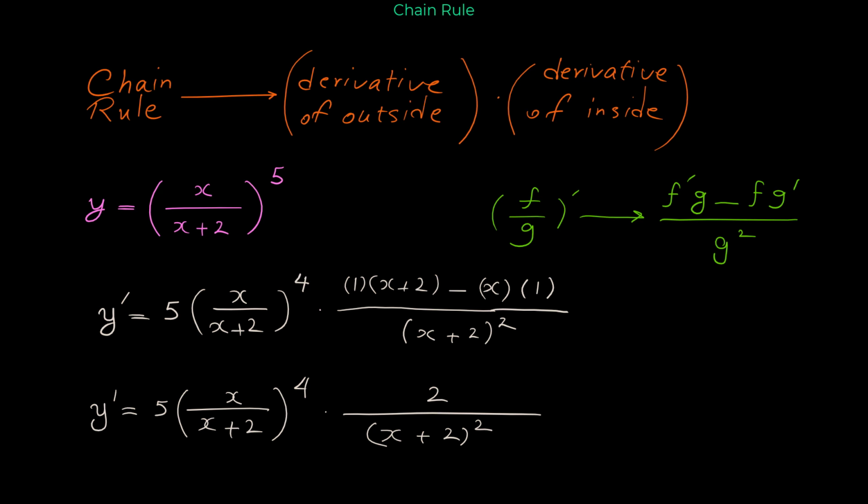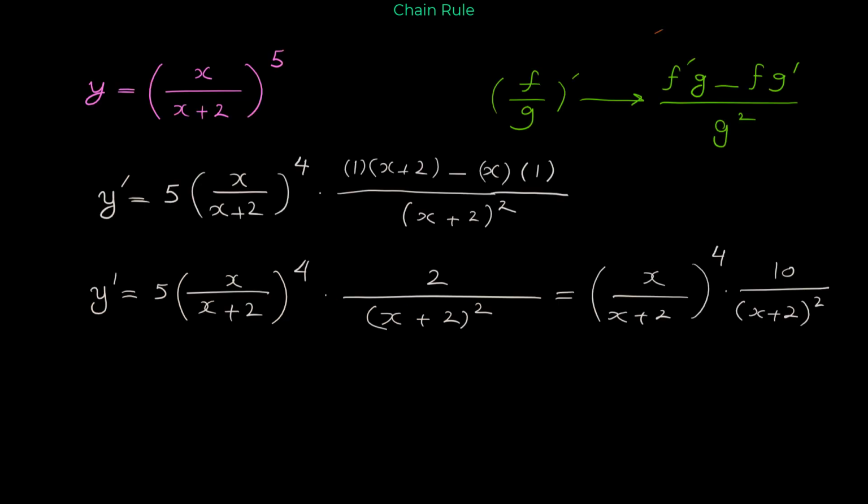Also, attention, you can multiply this 5 by this 2 and rewrite your answer in this form as well. This equals (x over x plus 2) to the 4 times 10 over (x plus 2) to the 2, because 5 times 2 is 10.